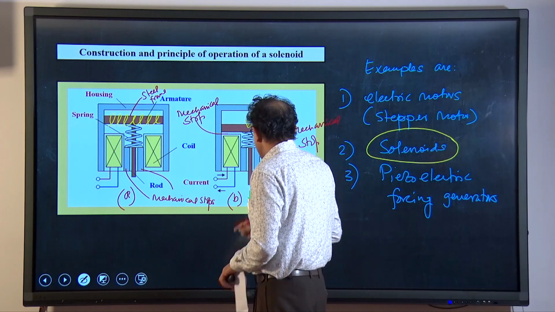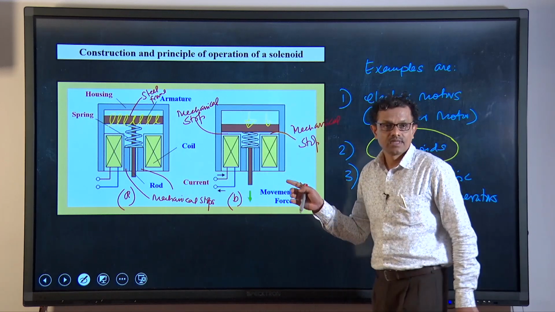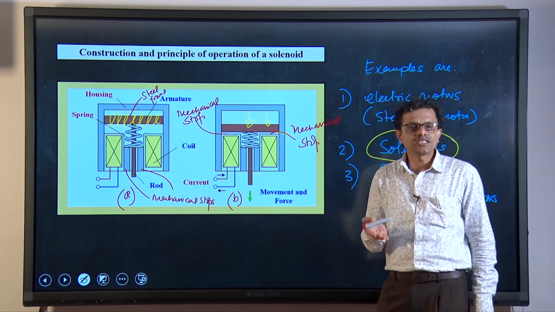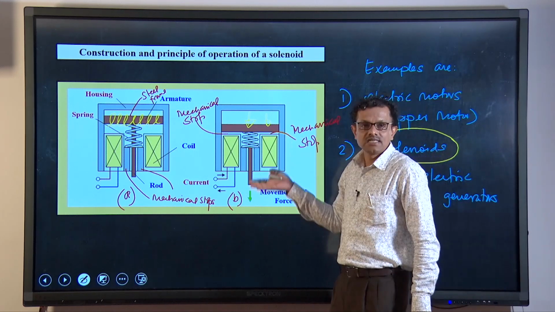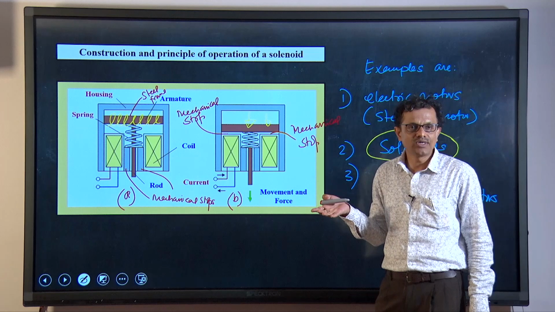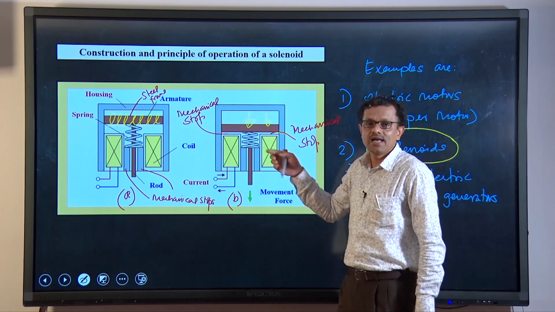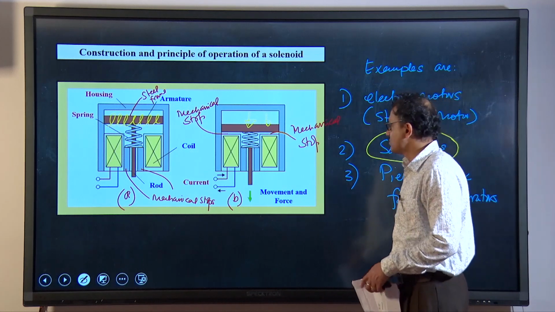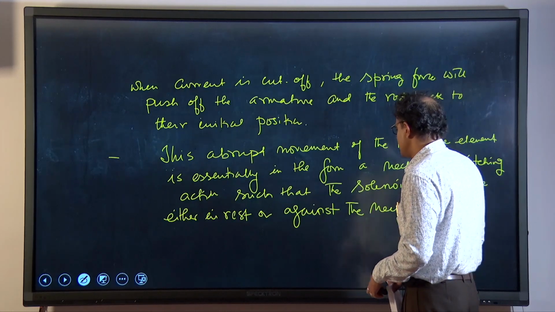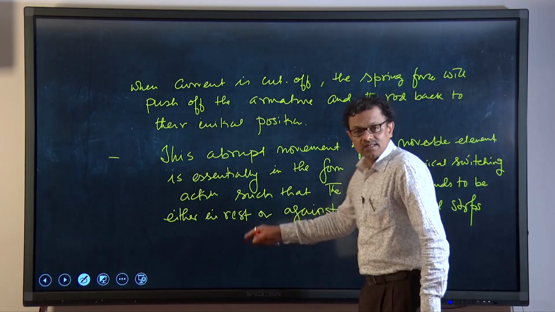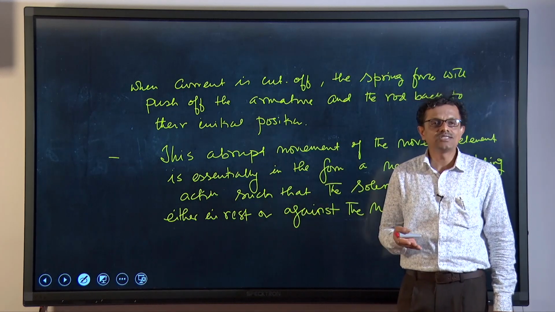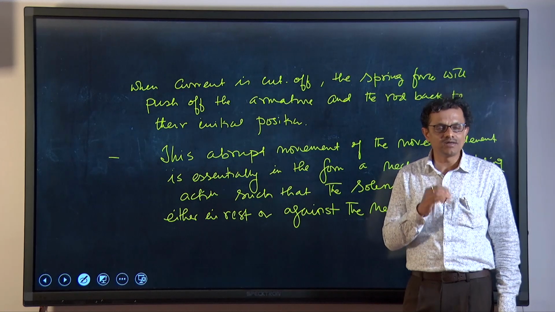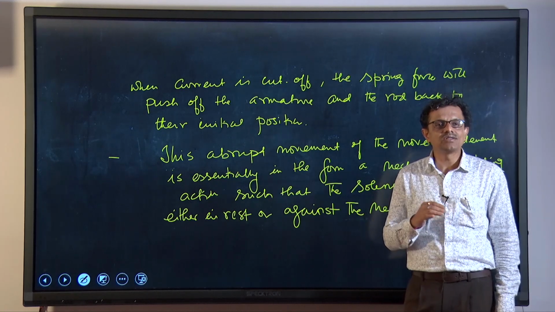As I told you, if we connect any mechanism to this rod, that mechanism will also have corresponding movement as the armature moves between these two locations. One is the rest, the equilibrium condition when there is no forcing at all, and when there is a force acting on the armature, it will come down and rest on the stop.